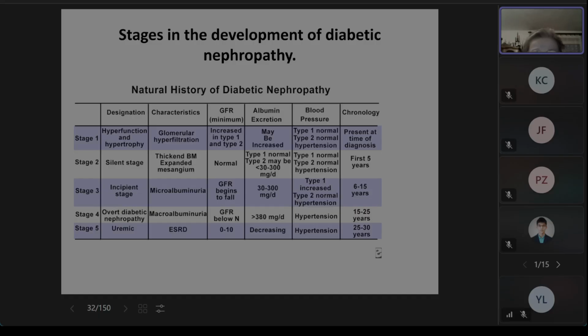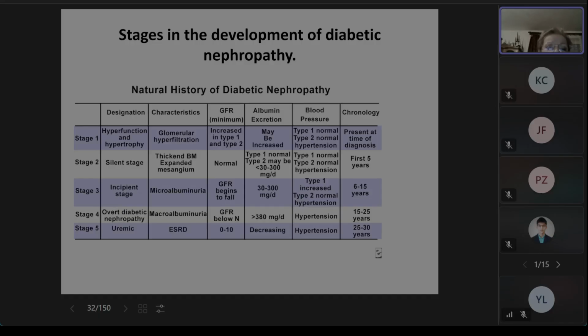So it is very important to remember that these are very small changes, like hyperfiltration. It is only a functional change, but the thickening of the basement membrane can be seen under electron microscopy investigation.